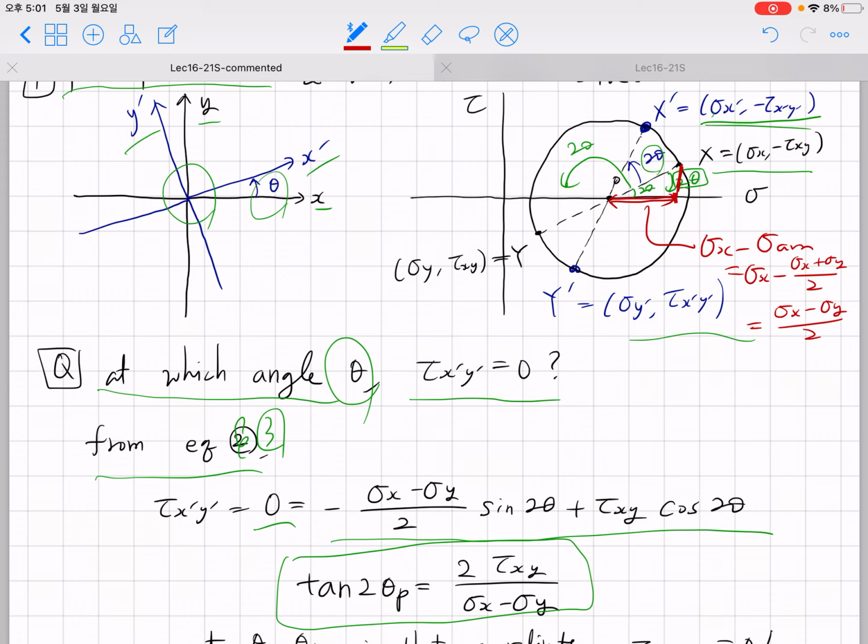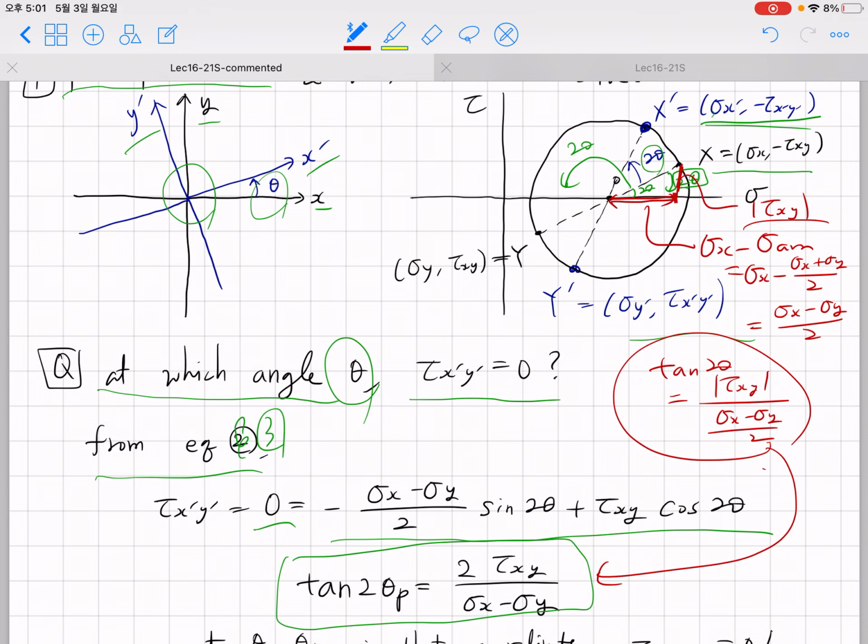And the height of this side is of course simply the absolute value of tau xy. So from simple geometry, tan 2 theta should be the absolute value of tau xy divided by sigma x minus sigma y over 2. And you can see how this equation comes out.